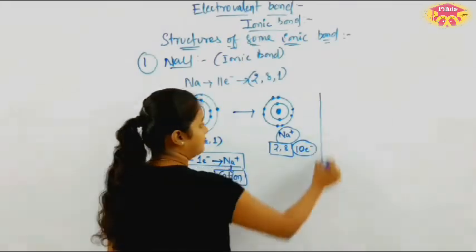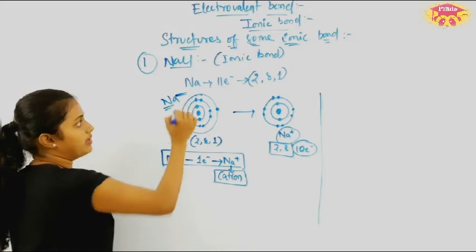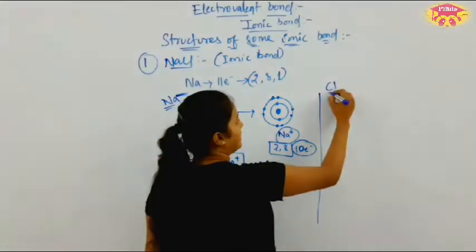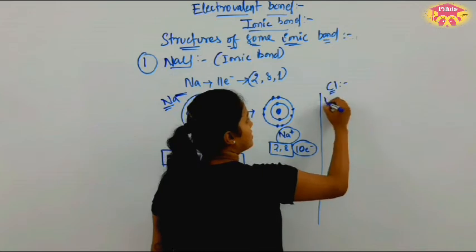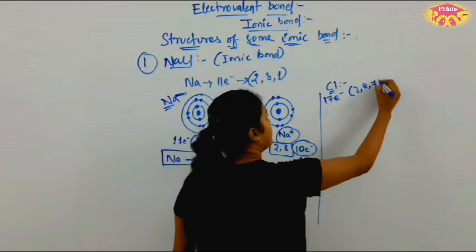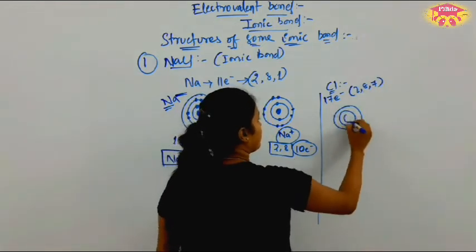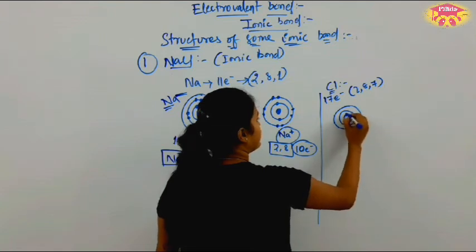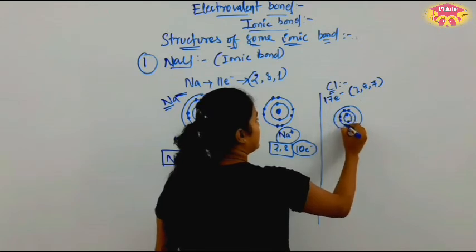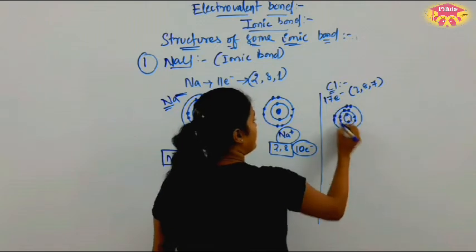Okay. Now coming to the chlorine atom. So this is Na, the sodium atom. Now the chlorine atom possesses 17 electrons, students. That is 2, 8 and 7. 2 electrons in the first shell, 8 electrons in the second shell and 7 electrons in the outermost shell or the valency shell.